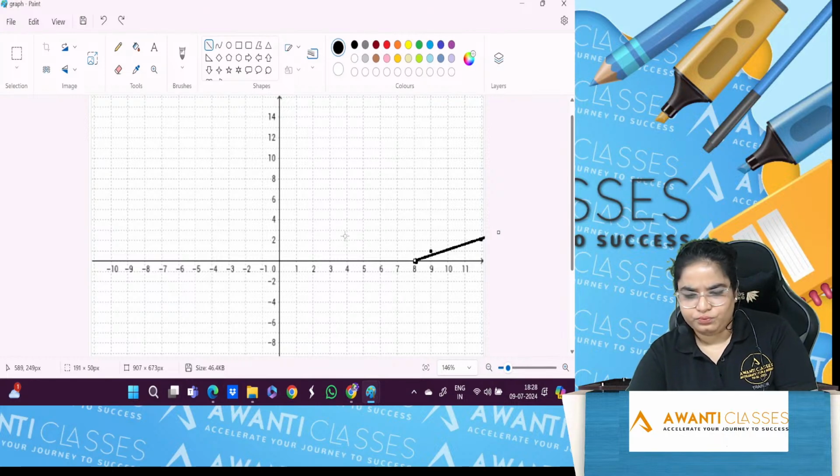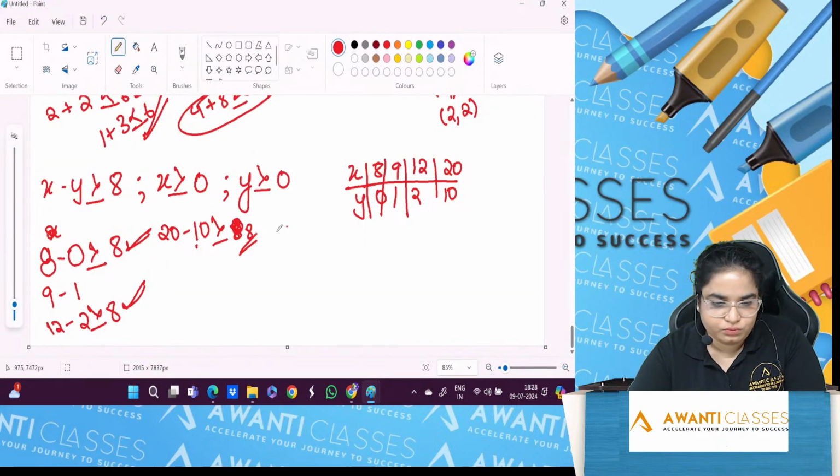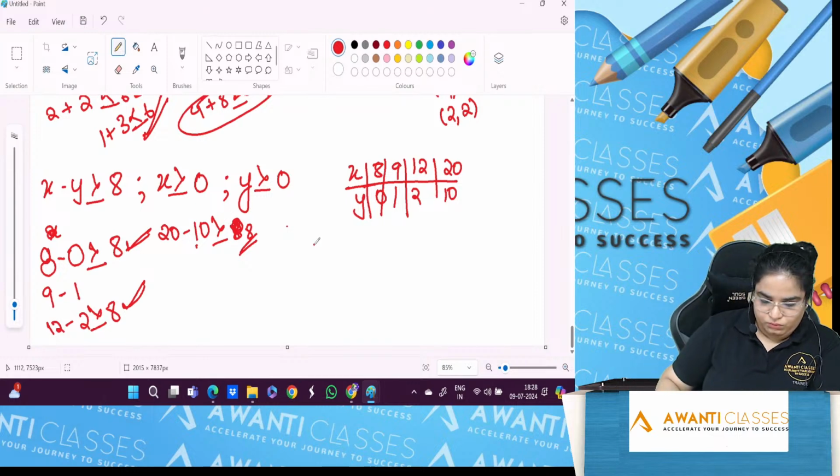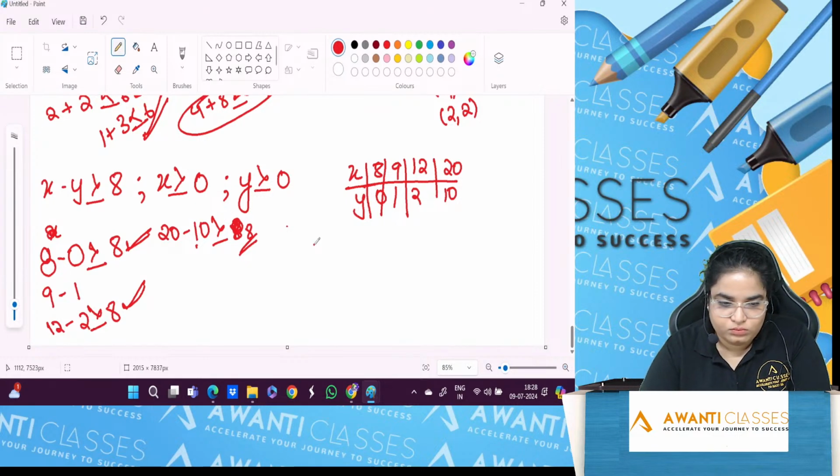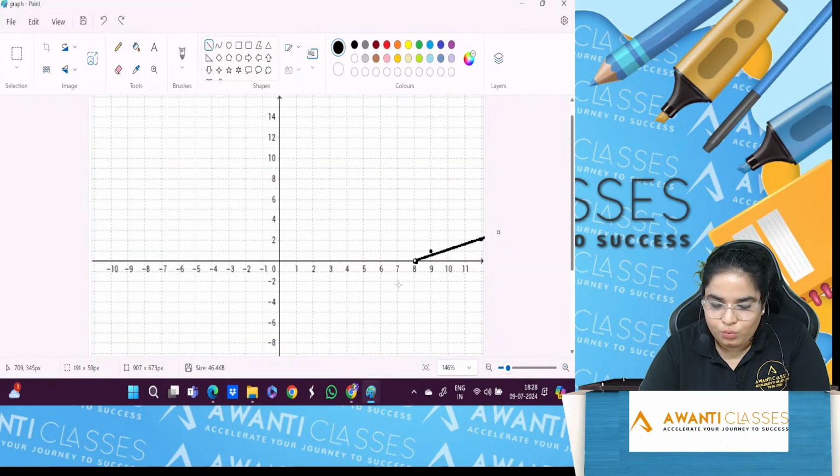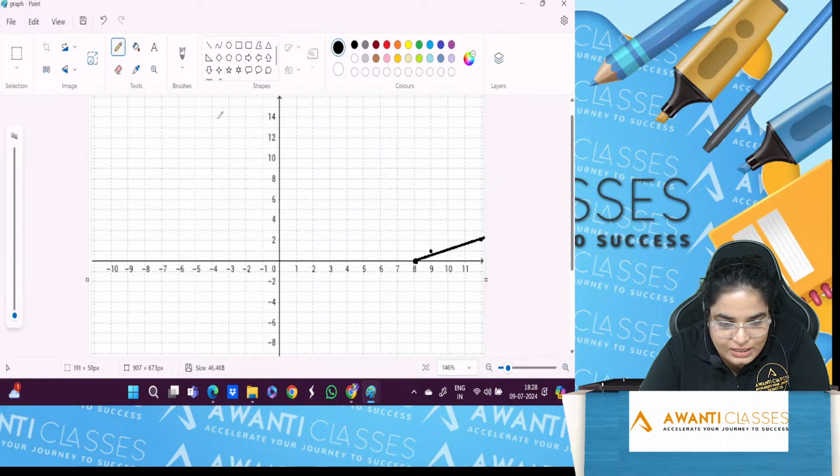Now, which way though? We are already seeing, if you see carefully, this is already on this side of the inequality.